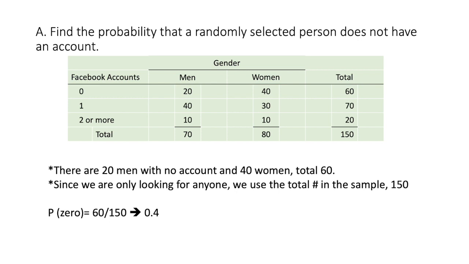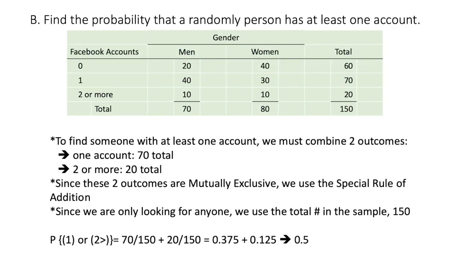We're looking for anyone that doesn't. It's not gender specific here. So we're going to use the total number for our sample of 150. This is just a basic probability. The probability that the person does not have an account, has 0 accounts, is the 60 possible out of the 150 for the sample. And so our probability here would be 0.4. That one's pretty straightforward.